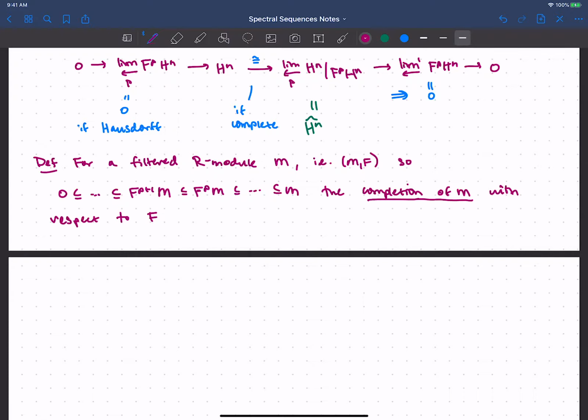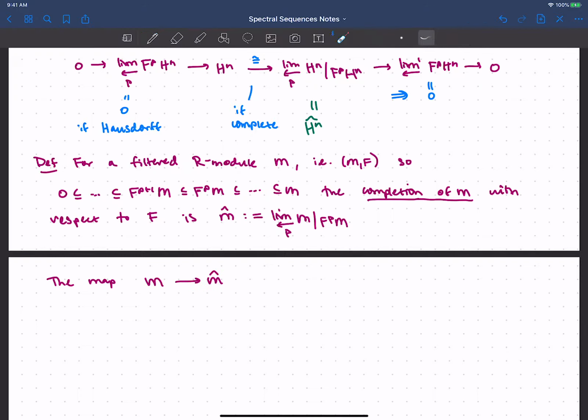So this is M hat for completion, and this is just defined to be this inverse limit that we keep seeing: M mod FPM, and we take the inverse limit over P. All right, and then this comes equipped with a map from M to its completion.